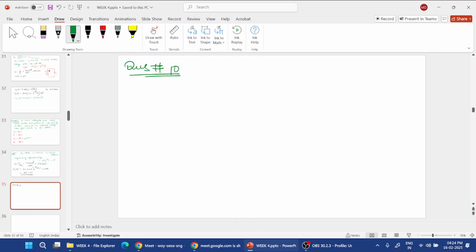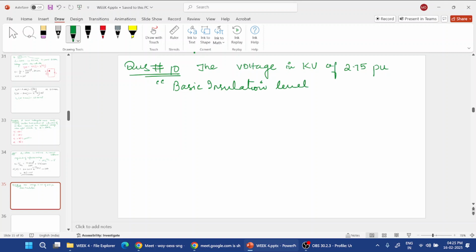Okay, so question number 10. The voltage in kV of 2.75 per unit basic insulation level for a 320 kV transmission line.